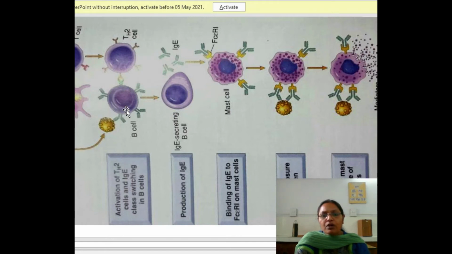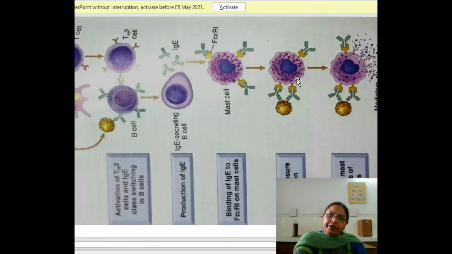Both of these will cause conversion of the B cell into a plasma cell, and there is secretion of IgE antibodies from these plasma cells. These secreted IgE antibodies will bind with the FcεRI receptor present on the mast cell, with the help of the Fc portion of the IgE.